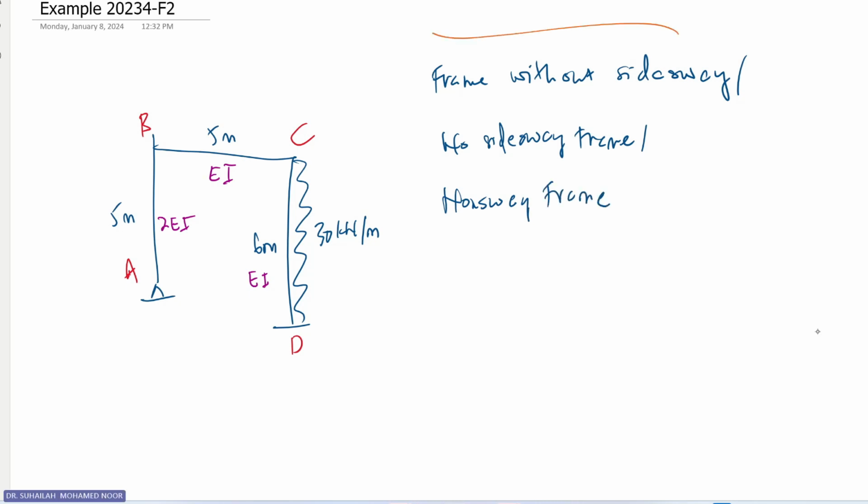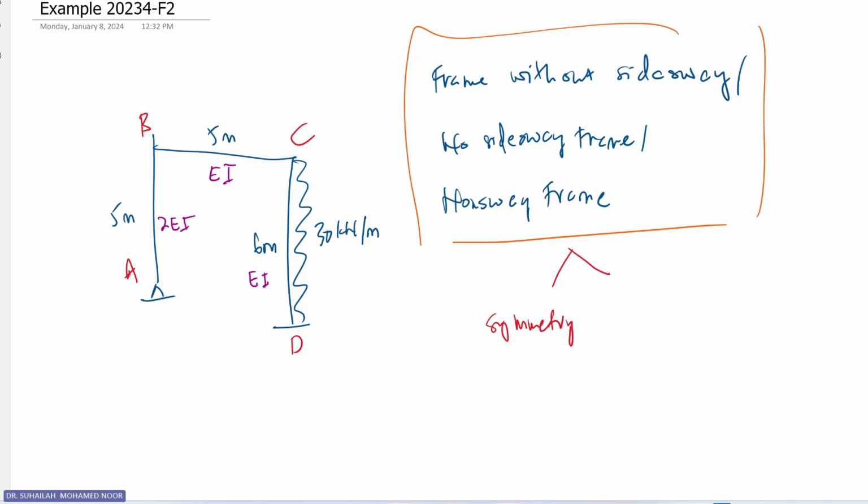This will be depending on two conditions. Number one, it must be symmetry.